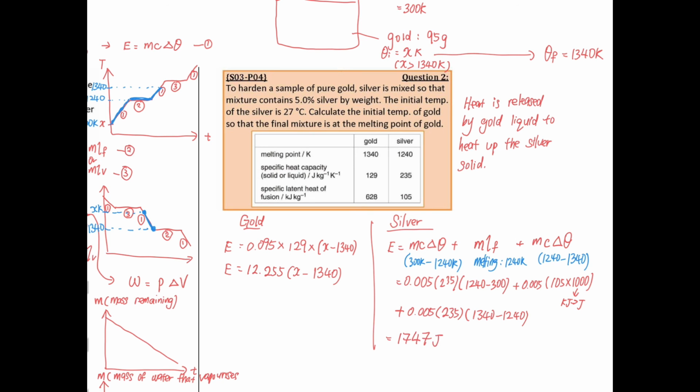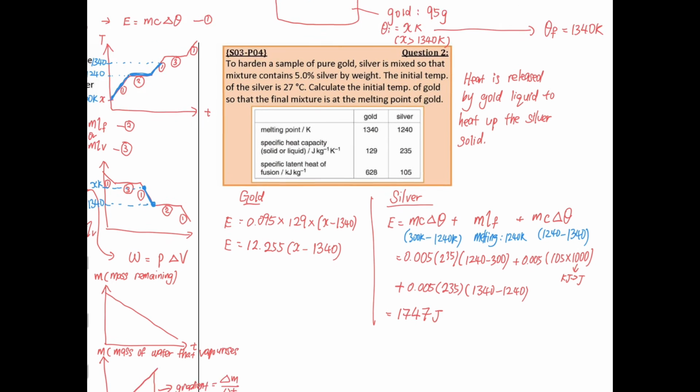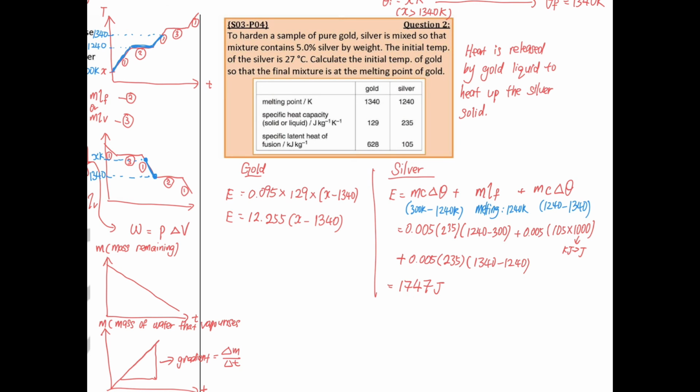This 1747 joule is actually the heat absorbed by silver. And they're supposed to be equal, because the heat released by gold is absorbed by silver. So that's why these two must equal each other.